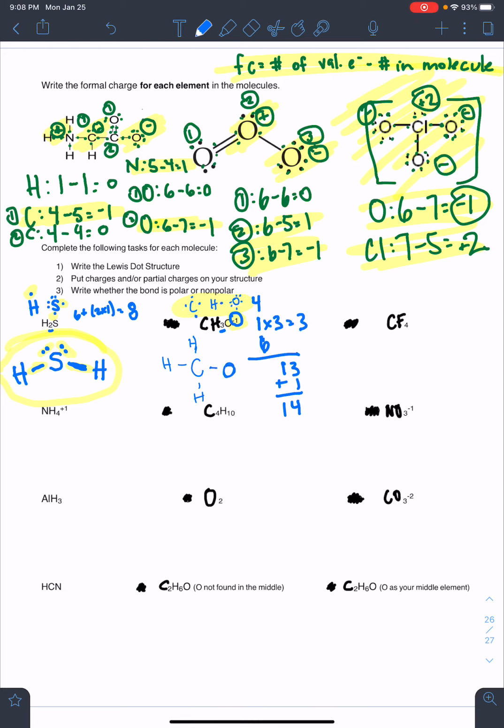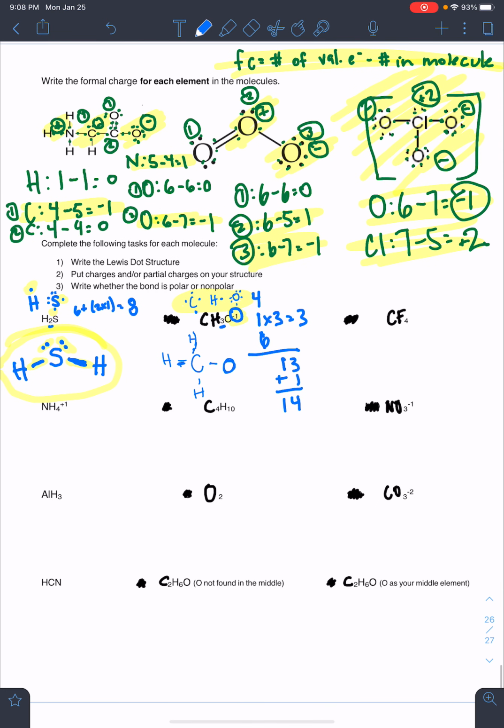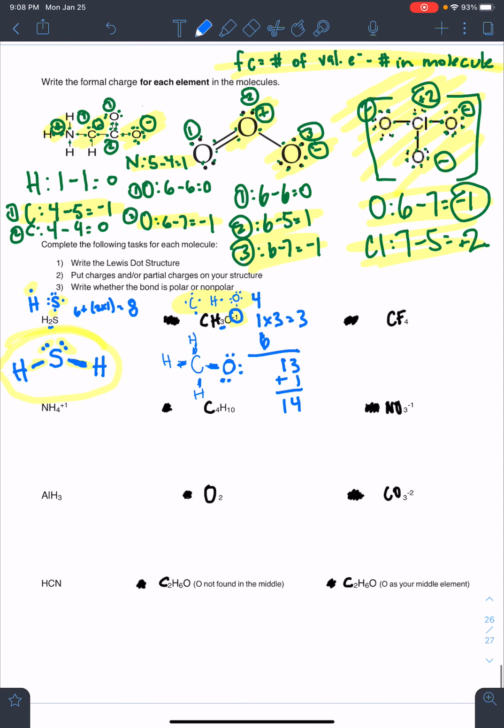We'll notice that our C has 2, 4, 6, 8 valence electrons around it. Our oxygen right now just has 2 around it. So we need to add 4, 6, 8, so it will follow that rule of having 8 around it. Now you'll notice that oxygen normally wants to have 6 valence electrons around it to not have a charge.